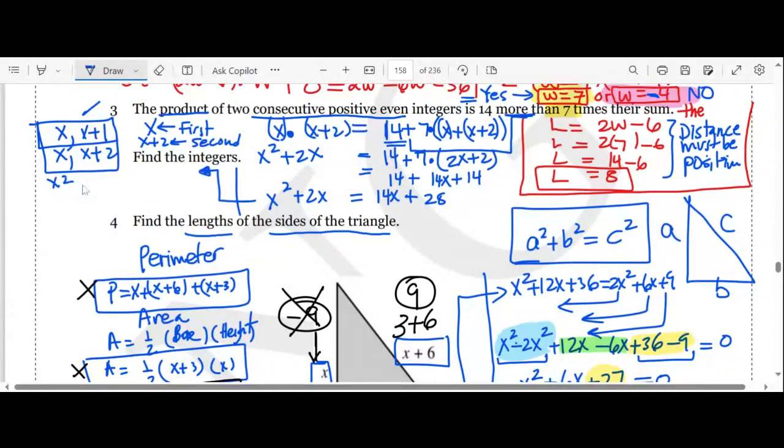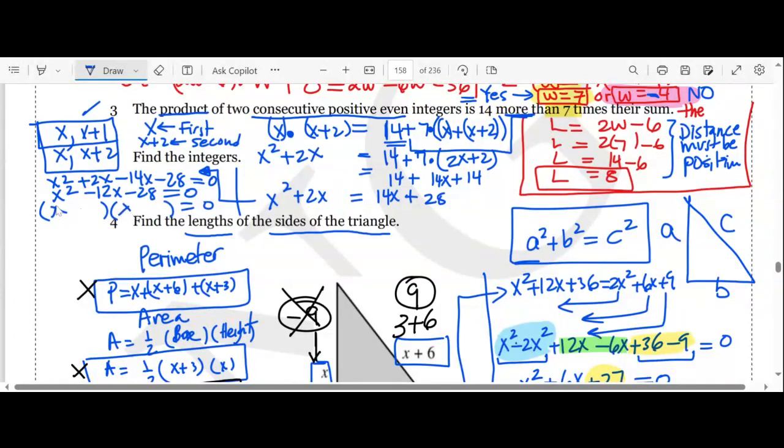So you're going to have x squared plus 2x minus 14x minus 28 equals 0. So the middle two give you negative 12x, negative 28, x squared equals 0.